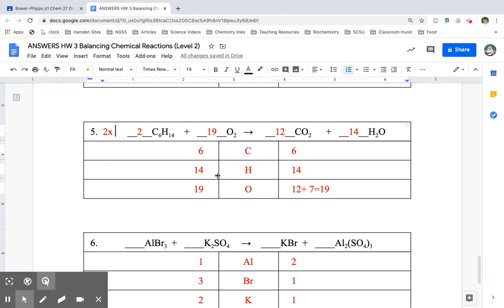If you want, you can update your totals so that it makes sense. That's fine. 6 became 12, 6 became 12, 14 became 28, and 19 became 38, right? 19 times 2 is 38.